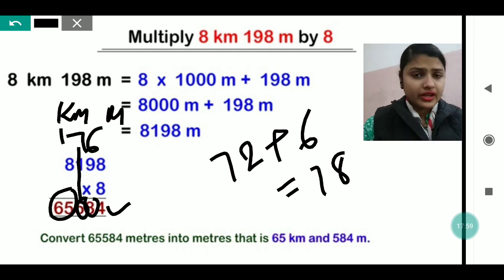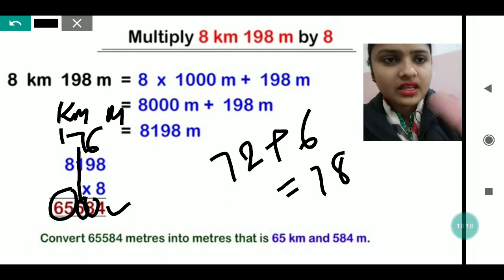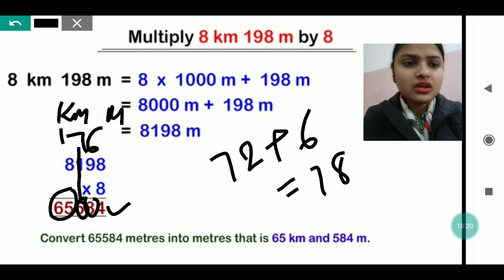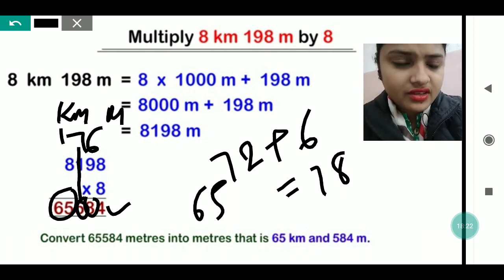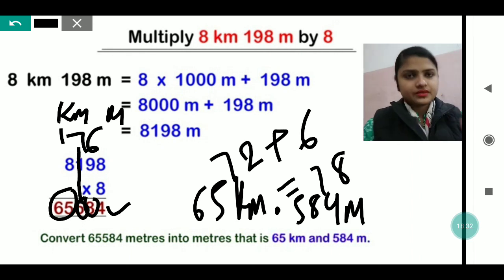The meters column will be multiplied first, and then the kilometers column, and we get the answer 65 kilometers and 584 meters. If we have to write the same in decimal form, we will write 65.584 kilometers.